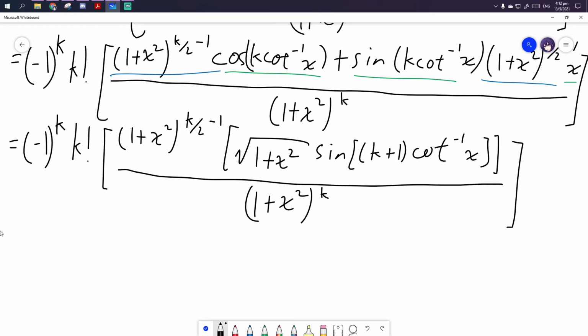And right, we can write this as negative 1 to the k, k factorial, and let's evaluate the power.